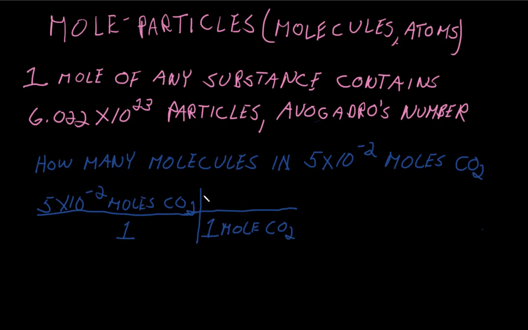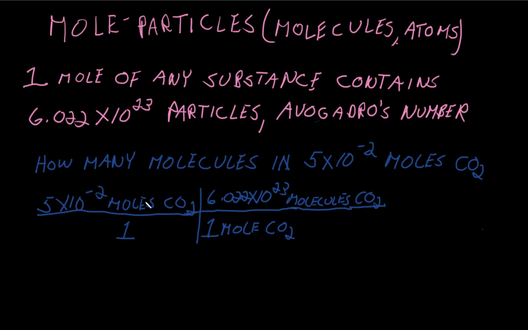contains 6.022 times 10 to the 23rd, and we're looking for molecules, so that'll be molecules of CO2. And if we look at what we have here, moles of CO2 is in the numerator, moles of CO2 in the denominator, so those two will factor out or cancel out.